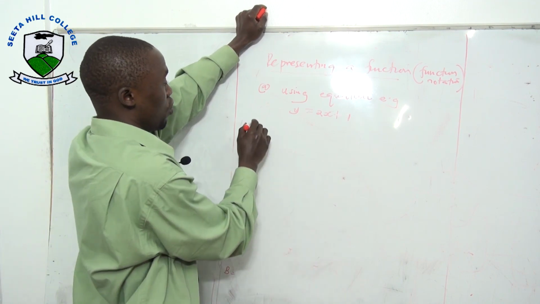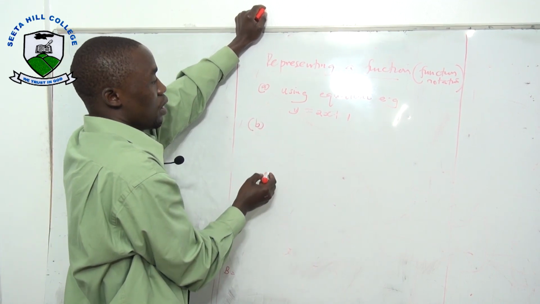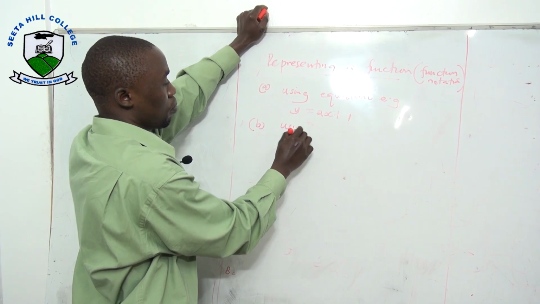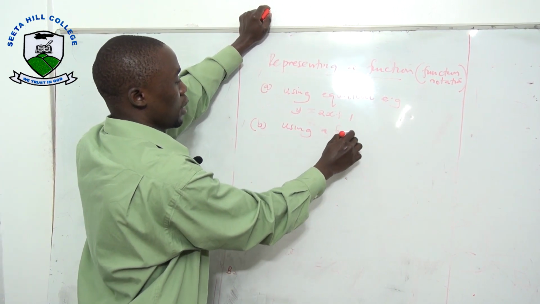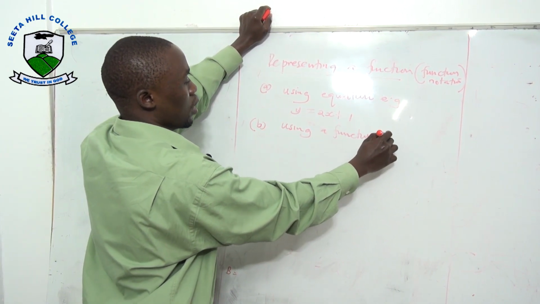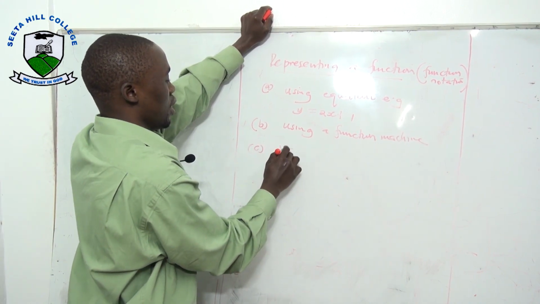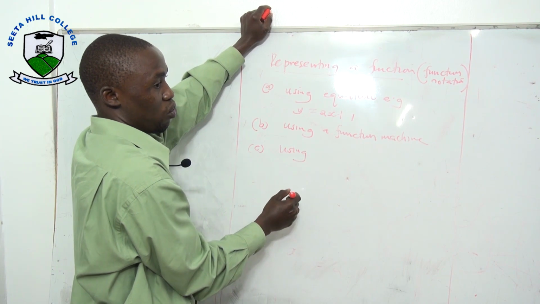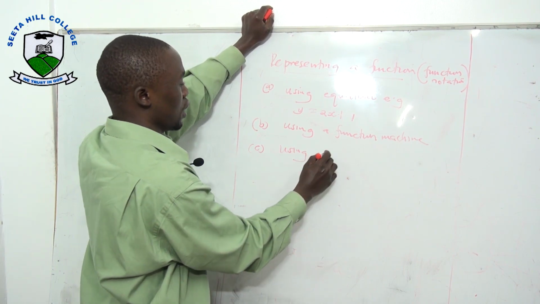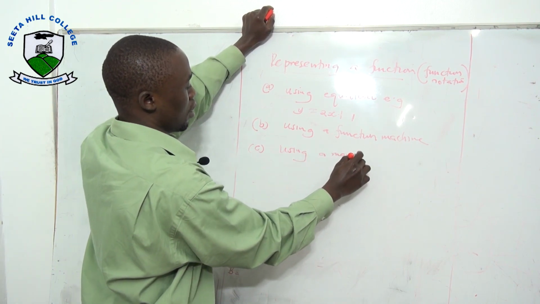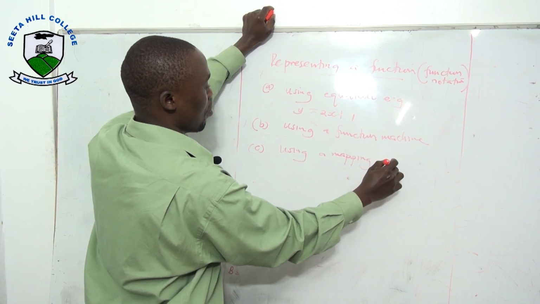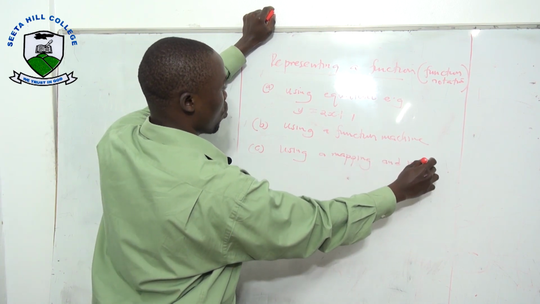If it's one-to-one, you know what it means. Then using a function machine. Yes, it can be a mapping like one-to-one, as we've been seeing.